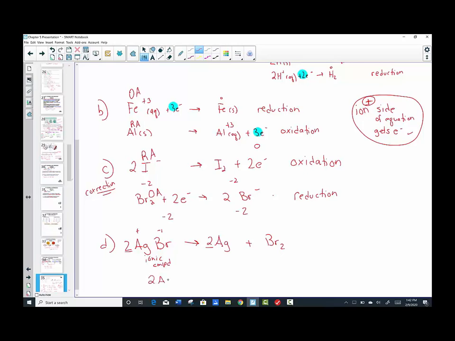You have 2 silver plus 1 aqueous ions forming 2 Ag. Now this would require gaining 2 electrons, so there's your reduction half reaction.